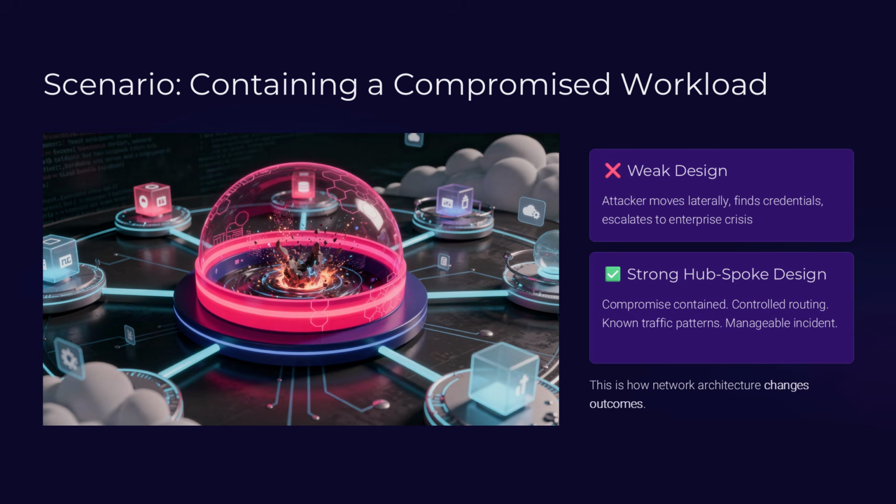The attacker cannot easily reach other sensitive zones. Outbound access is controlled and investigation is faster because traffic flows follow known patterns. This is how your network architecture changes outcomes. It turns an enterprise crisis into a manageable incident.